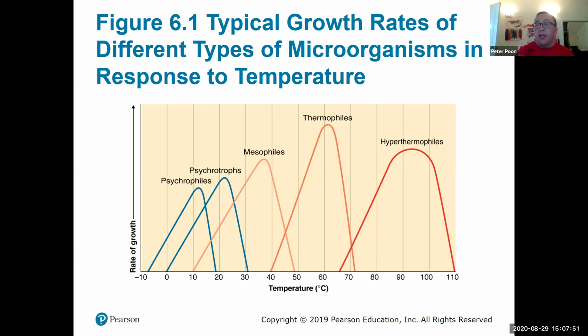Mesophiles. Meso is middle. Mesophiles love the middle temperature, which is about 37 degrees. So right here, that's us. Thermophiles live in very hot areas, 60 degrees and such. You'll find that in soil, especially in compost piles.